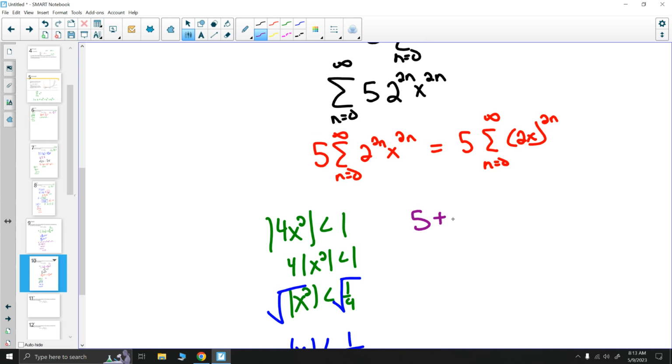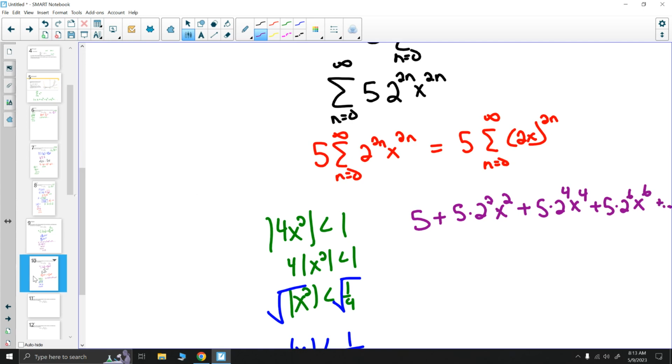The next one, n is 1, would be 5 times 2 squared times x squared, plus 5 times 2 to the 4th, x to the 4th when n is 2, plus 5 times 2 to the 6th, x to the 6th, and so on and so forth.